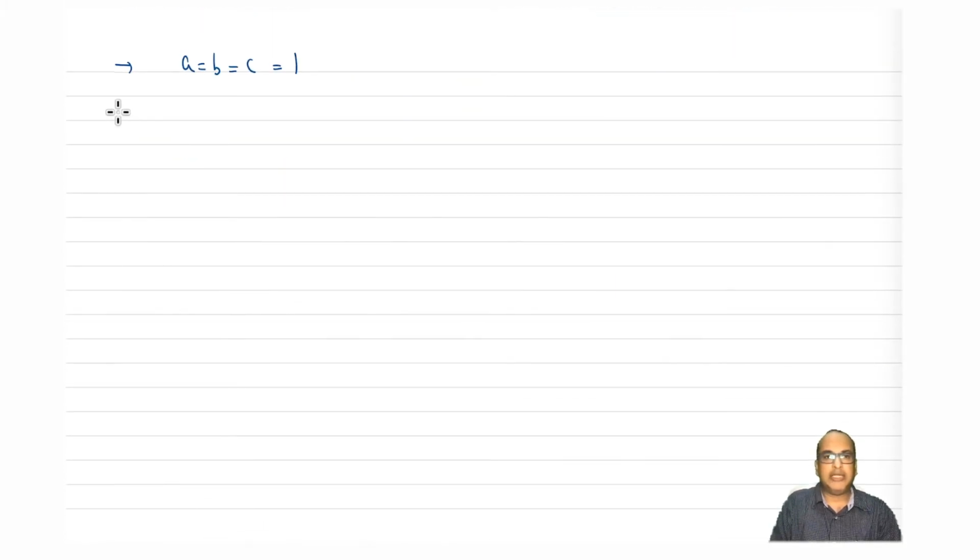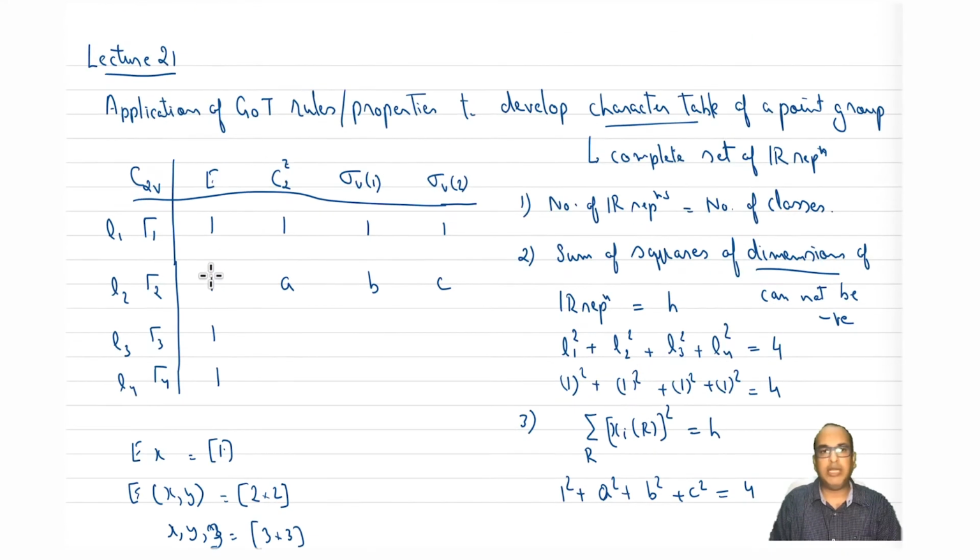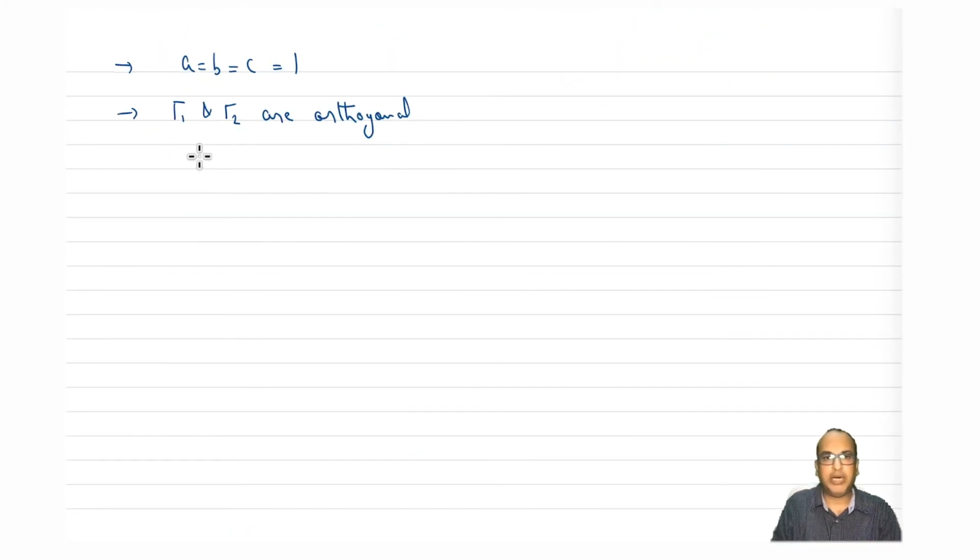There is a condition which also tells me that tau 1 and tau 2 are orthogonal, right? That means this product plus this product plus this product plus this product equals 0. So 1 into 1 plus 1 into A plus 1 into B plus 1 into C equals 0.